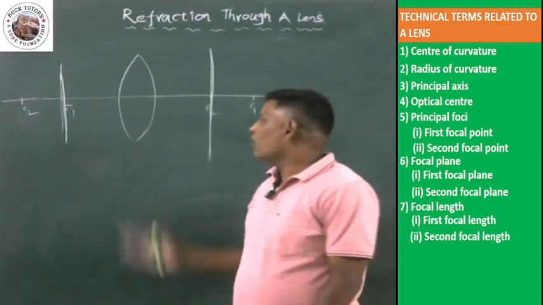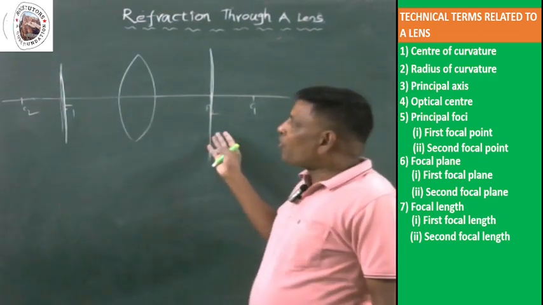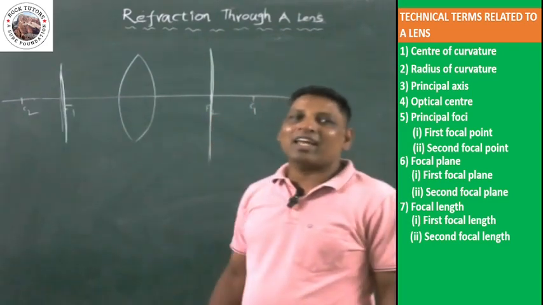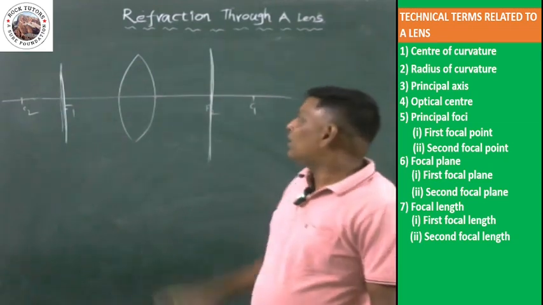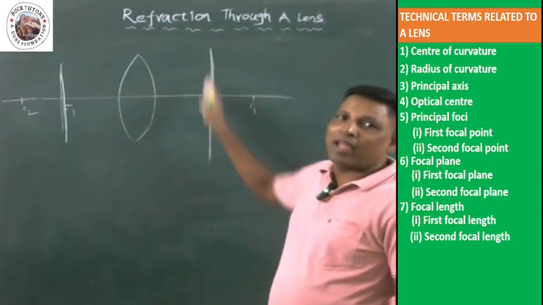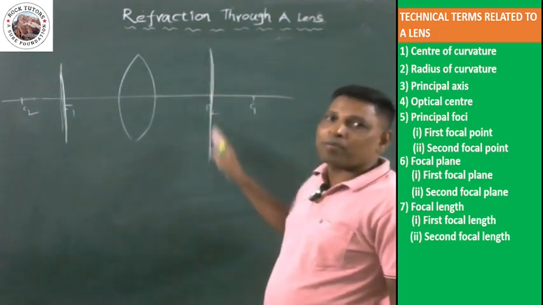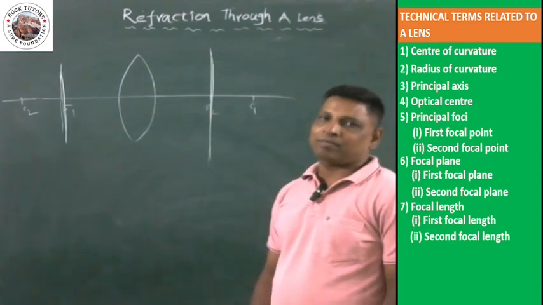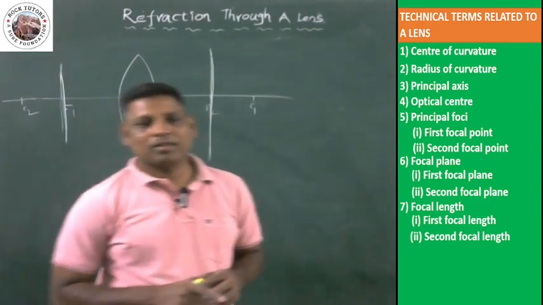Now here we have two focal planes. The focal plane passing through the first focal point is called the first focal plane, and the focal plane passing through the second focal point is called the second focal plane. We have two focal planes.